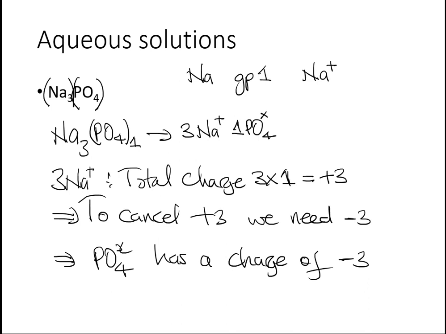So instead of X, you are going to have PO4 3 negative. That's what it tells us. So if you know the charge of sodium, you can get the charge of the phosphate ion.